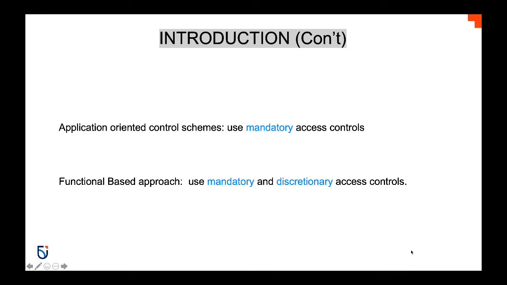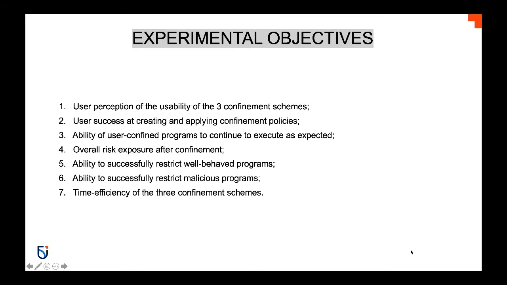One more major difference between the two is that the application-oriented control scheme uses mandatory access control, while the functional-based approach uses both mandatory and discretionary access control. The advantage of this is it allows both the administrator and the end user to restrict applications in order to enforce their respective goals.